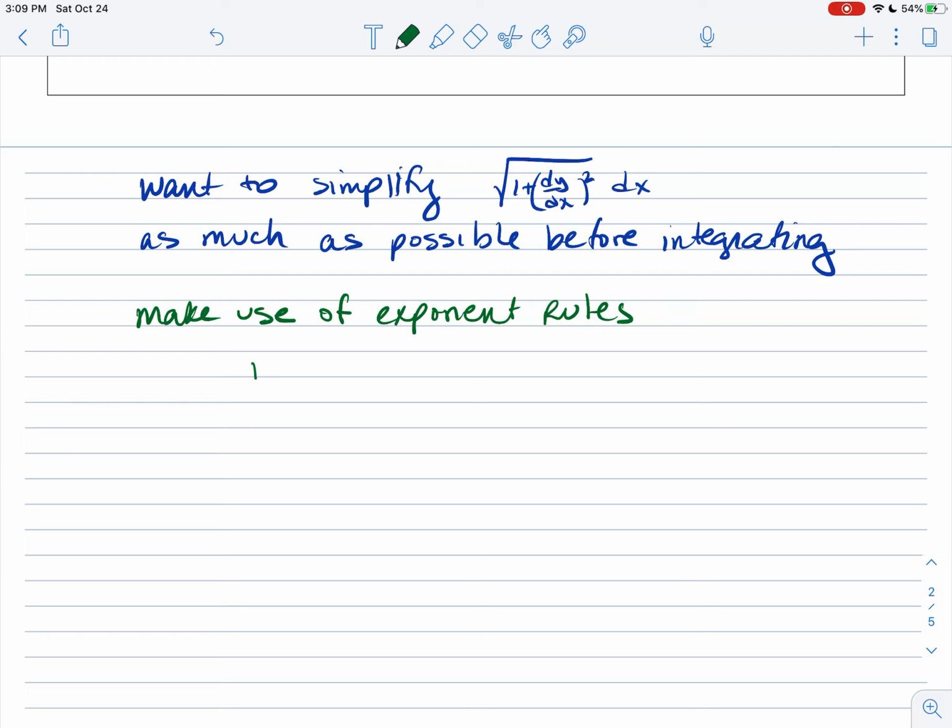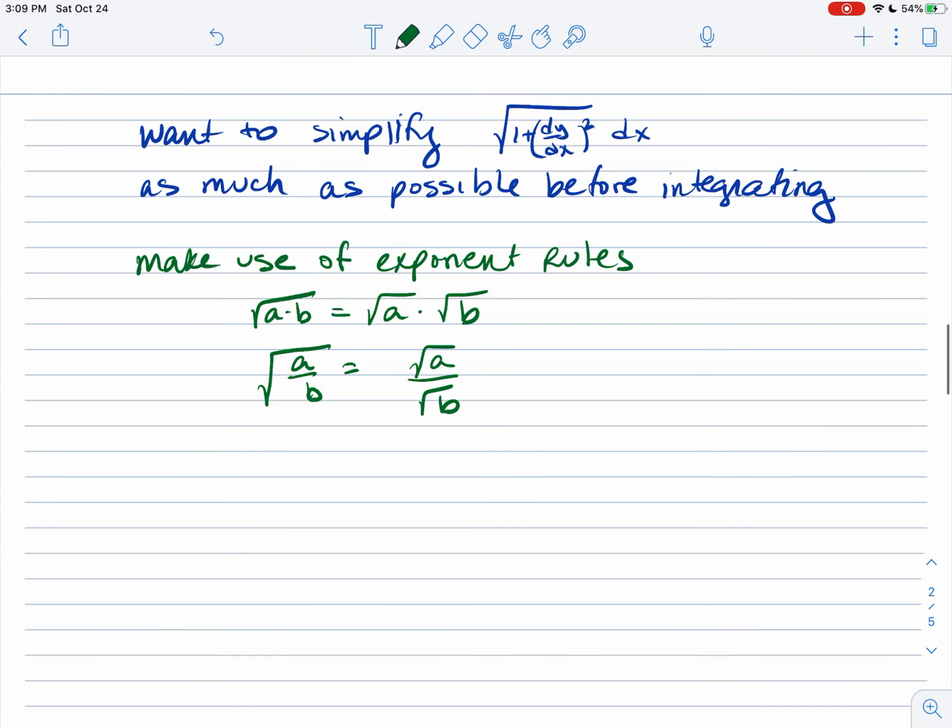And how would you make use of exponent rules? We know that square root of a times b does equal the square root of a times the square root of b. We also want to make use of the square root of a over b does equal the square root of a over the square root of b.